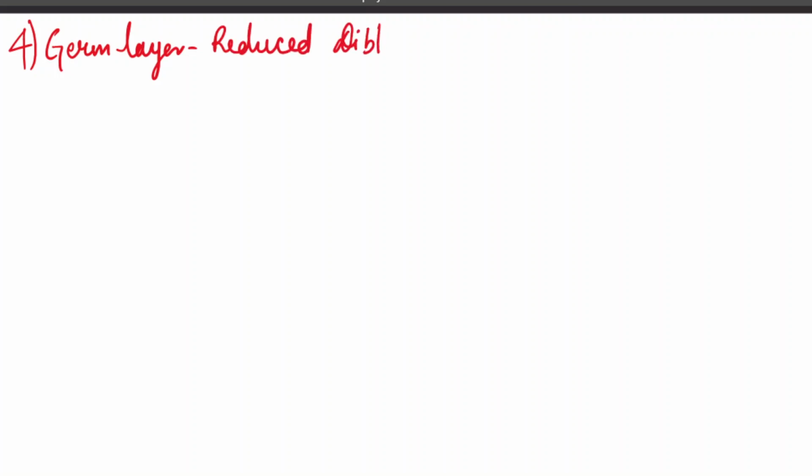The fourth general character is nothing but germ layer. Germ layer is reduced diploblastic. Now we need to remember that diploblastic means there are two germ layers.